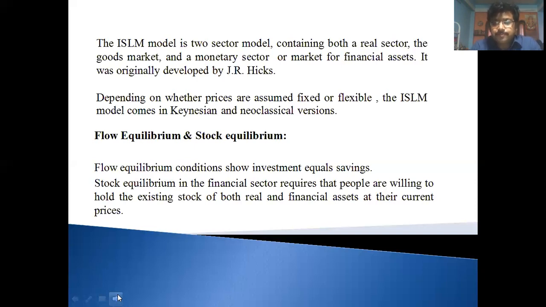What happens? Then aggregate demand is less than the supply of output. Demand is less than the supply of output if aggregate desired saving is greater than the planned investment.